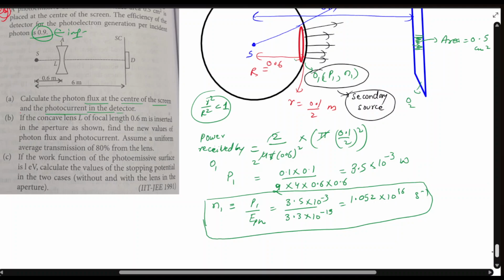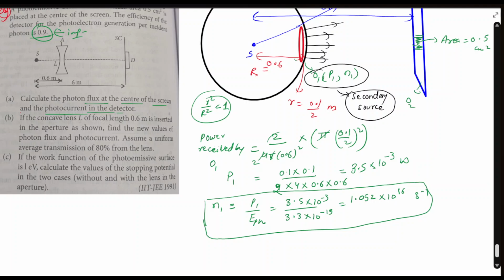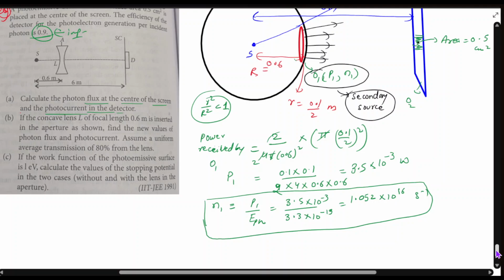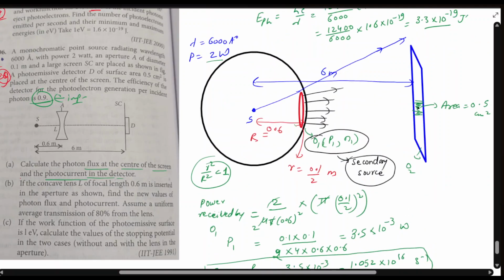Now we have to calculate the photon flux at the center of the screen. Again, if this is an observer, I have to make another sphere, considering this as a center.